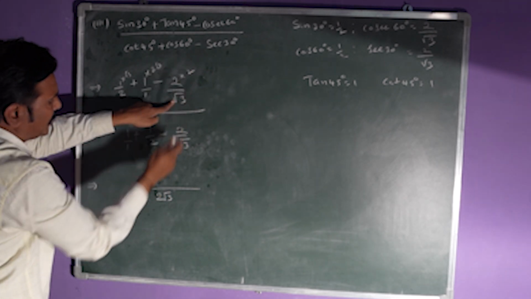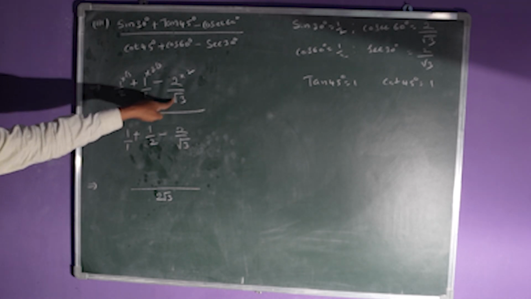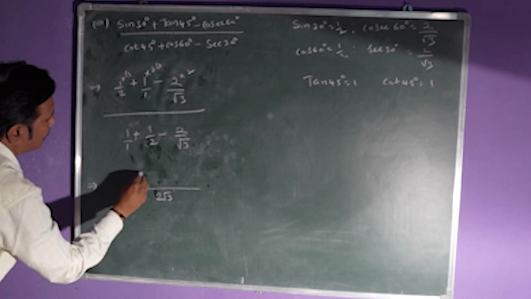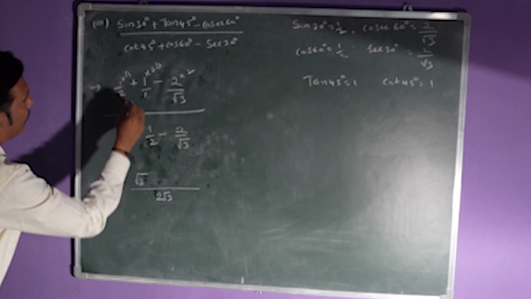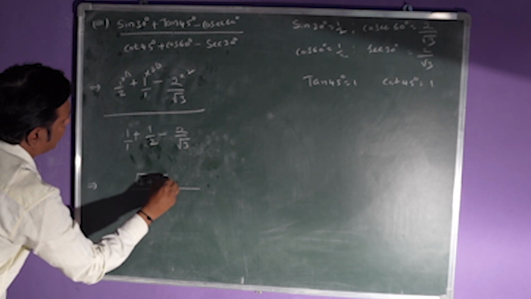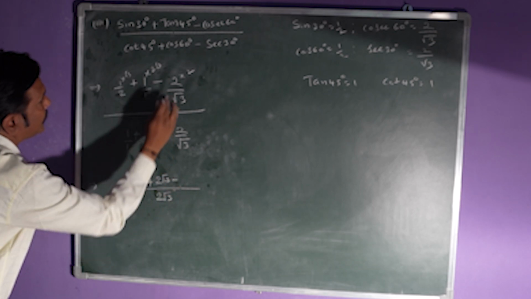So we get root 3 plus 2 root 3 minus 2 into 2, which is 4.